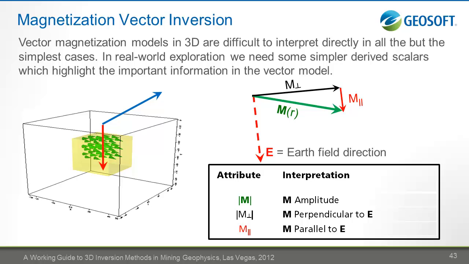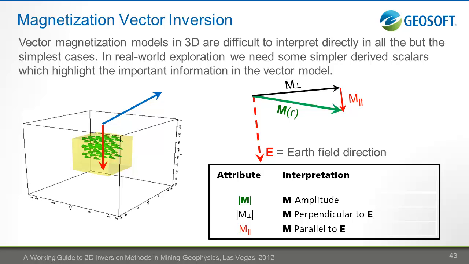We can go further and try to extract some information from the directional component of the recovered magnetization vector, and two quantities that we've found to be useful in certain instances are the component of the magnetization vector in the Earth's field direction. That's the parallel to Earth field direction component, shown here in M, and that is a component of the magnetization which might be resulting from the induced component.